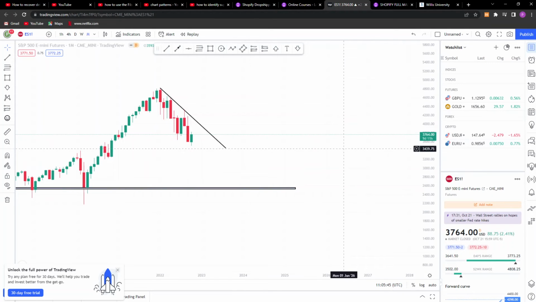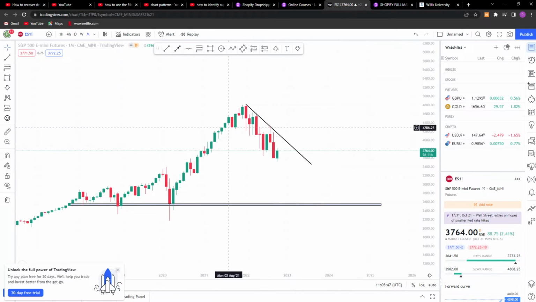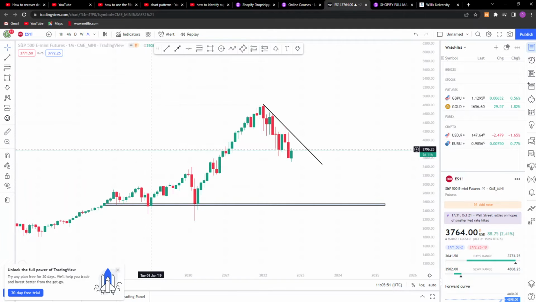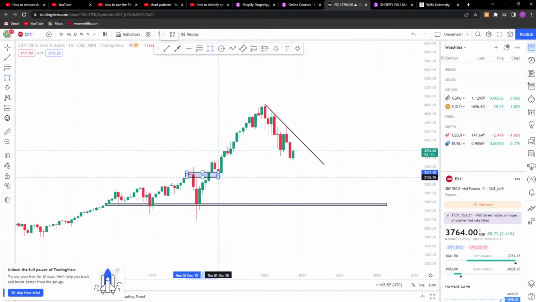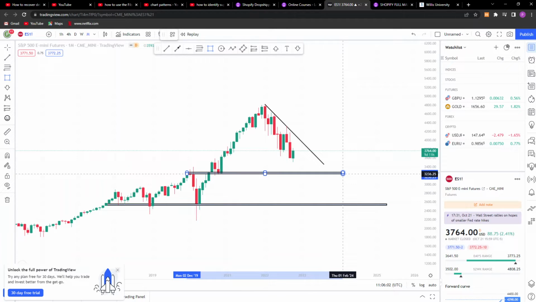S&P 500 has not really been doing too much, so we don't really have as much as in the other pairs. So we'll just try to see what we can come out of this.